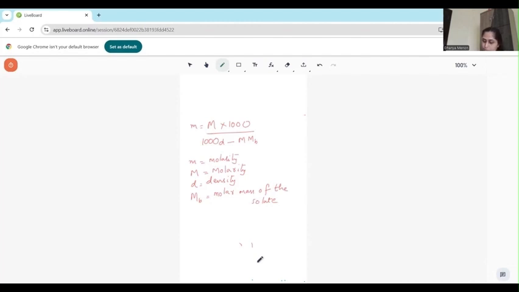Calculate the molality of 2 molar barium chloride. I'll be giving the molar masses, so don't worry. Density will be given in the paper, in grams per cc. Barium is 137, chlorine is 35.5.